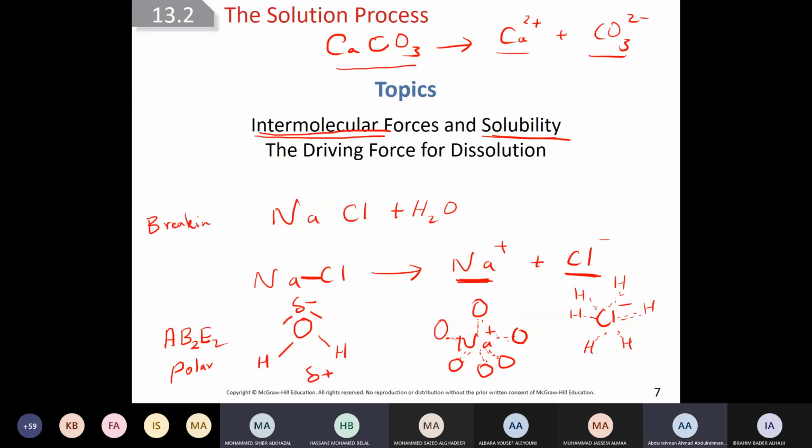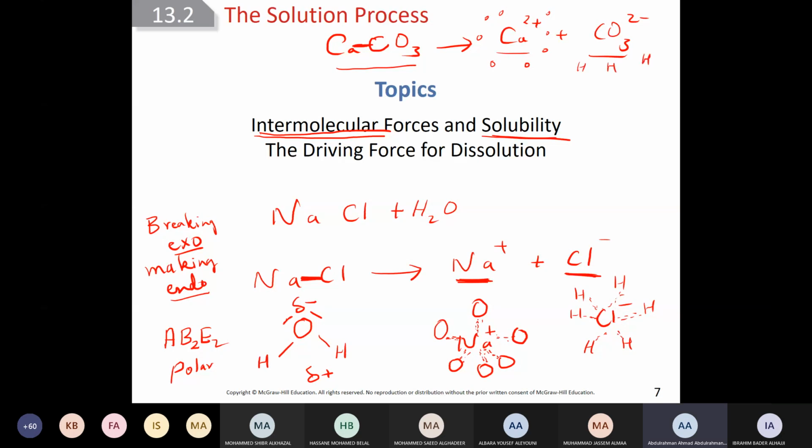Breaking is always exothermic, and making is always endothermic. So now we are breaking the bond here, which is exothermic, and you're making the bonds here, which is endothermic. Same thing here. You are breaking this bond, which is exothermic, and you're making these bonds around.